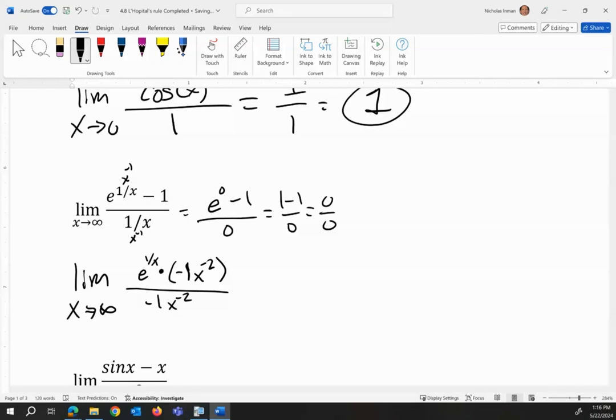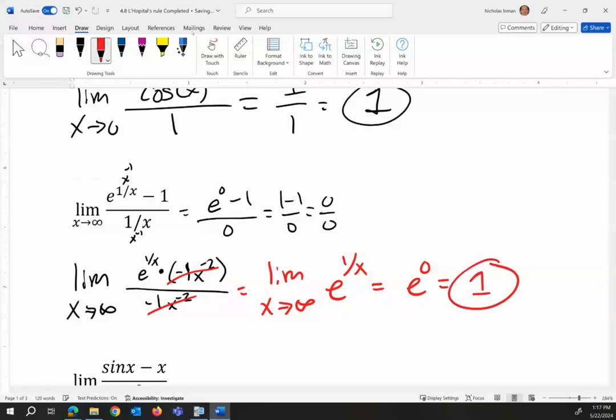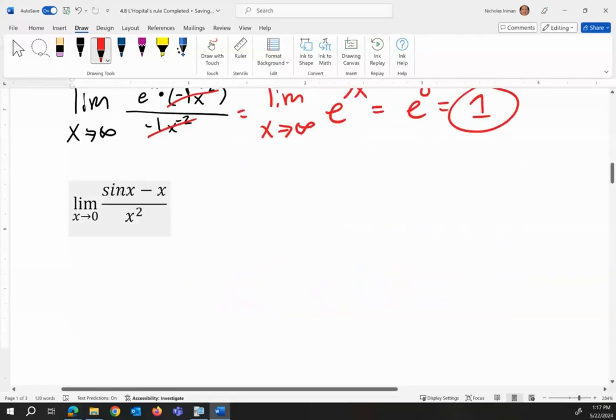Well, this is nice. That's going to cancel. So we are just left with the limit as x approaches infinity of e to the 1 over x. That is e to the 0 over 1. As x approaches infinity, 1 over x would be 0. 1 over infinity, that's 0. And so e to the 0 is 1.